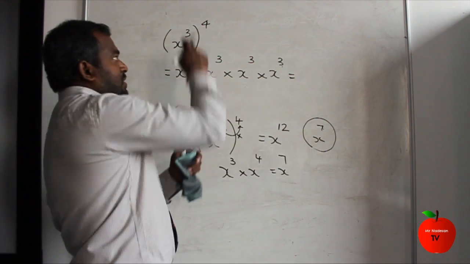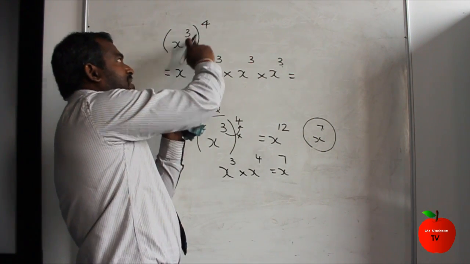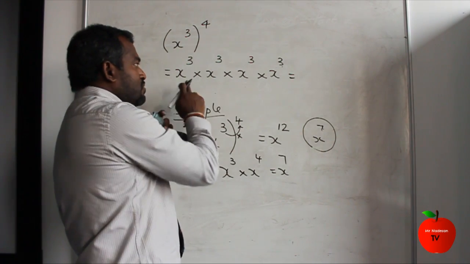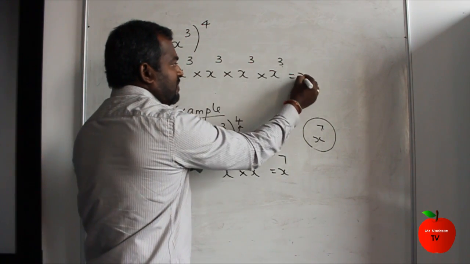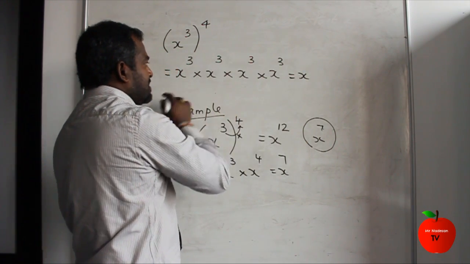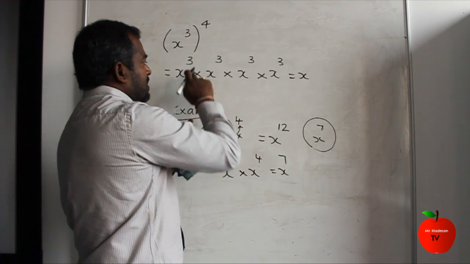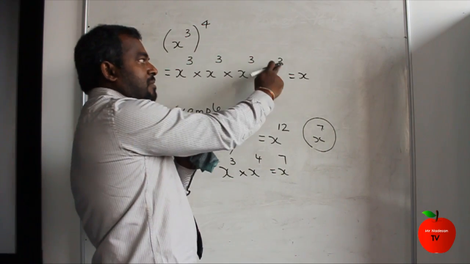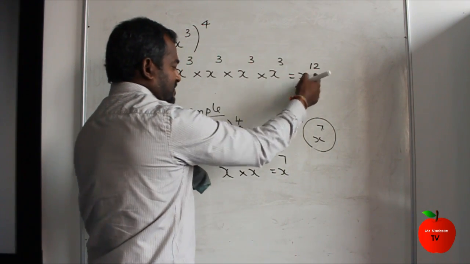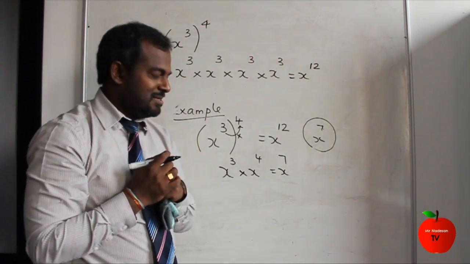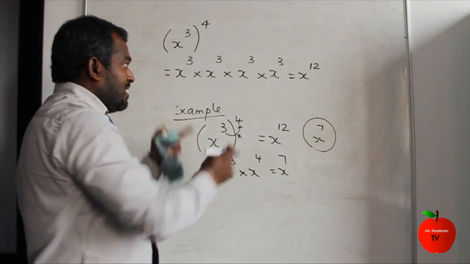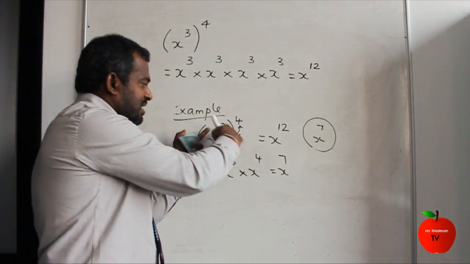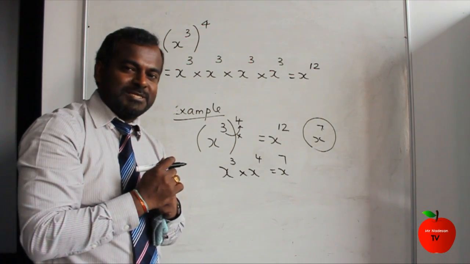The power 4 means x to the power 3 multiplied 4 times. So now you can see the base is equal. When you multiply, you add the powers together. So 3 plus 3 is 6, plus 3 is 9, plus 3 comes to 12. So there you have the answer. So instead of that, the easy way you can figure out is to just multiply and put it.